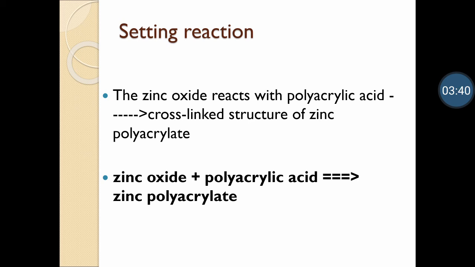The continuous phase contains a matrix gel that contains large polyacrylate molecules linked with zinc ions. That means the major reaction occurs between the zinc oxide present in the powder and the polyacrylic acid present in the liquid to form zinc polyacrylate. That is the reason this cement is otherwise called zinc polyacrylate cement.